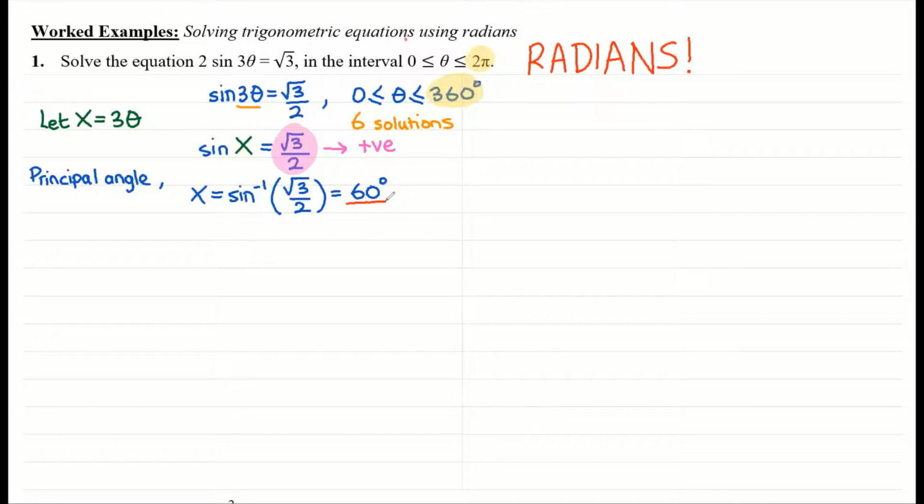Now, we've got our principal angle. What was question 2 all about? Well, we had to adjust our interval. So let's adjust the interval here. We're going to use this modified interval over here.